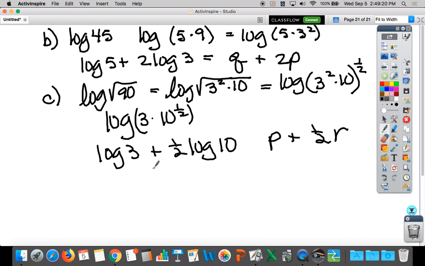So log 3 was p plus 1/2 r. I think what Emma did was the 3 times the square root of 10, and so then I put 3 times 10 to the 1/2, and then got log 3 plus 1/2 log 10, which is p plus 1/2 r. All right. So tell me again. The equivalent of 90 is 3 times the square root of 10, and then put that to the 10 to the 1/2. Oh, like that. Yeah, that's what I meant to say.